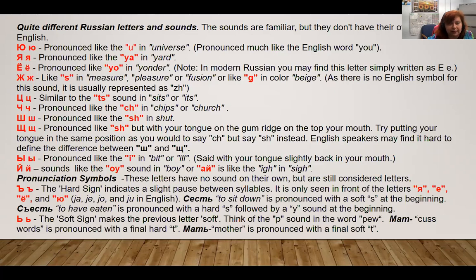Sounds like the sound in the words measure, pleasure, fusion, like letter S in these cases, or like G in color beige. Zh. There is no Latin symbol for this sound. It's usually transcribed as Z and H. Ts, similar to the ts sound in sits or its.